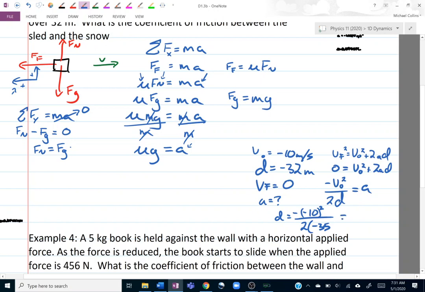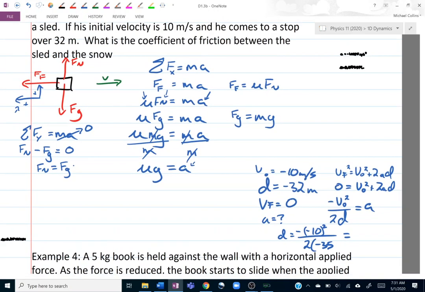And I get that my acceleration, which I've written down up here, is going to be 1.5625.